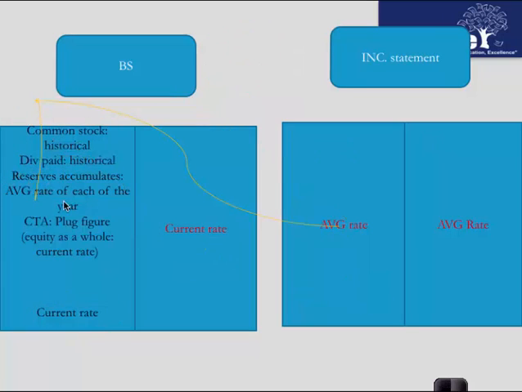Then your reserves are getting accumulated, and how? Using the profits which are being transferred to your balance sheet every year. Is that making sense? And then finally, to make your balance sheet tally, you just put a CTA and then the process is done. So let's do an example.